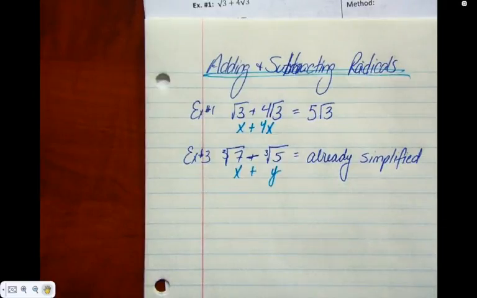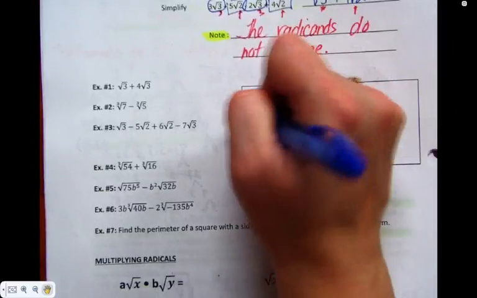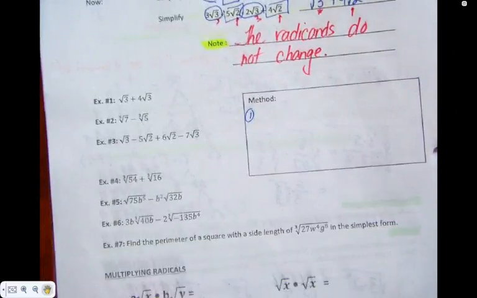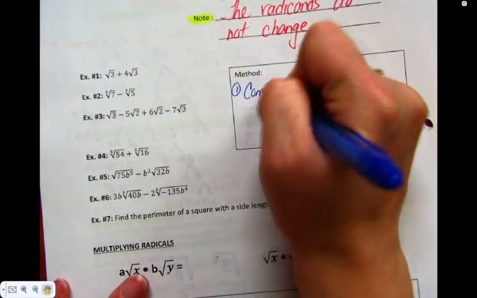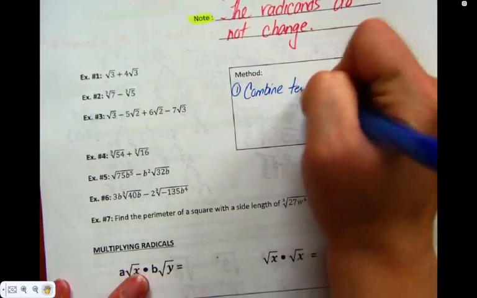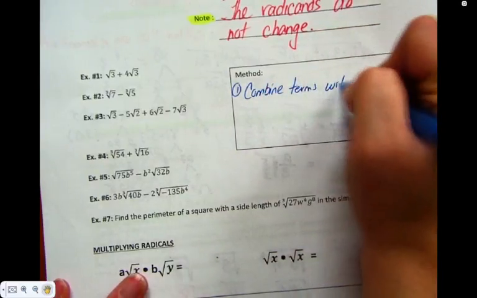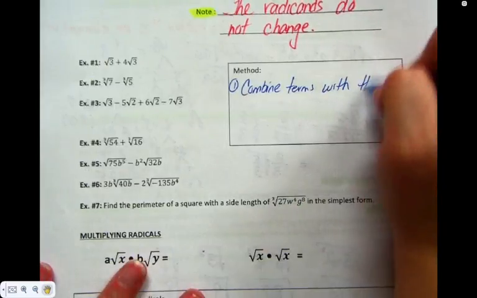So when can you combine radicals and when can you not? When the radicands are the same. Okay, so let's put that in our method box, step number 1. Combine terms with the same radicands.